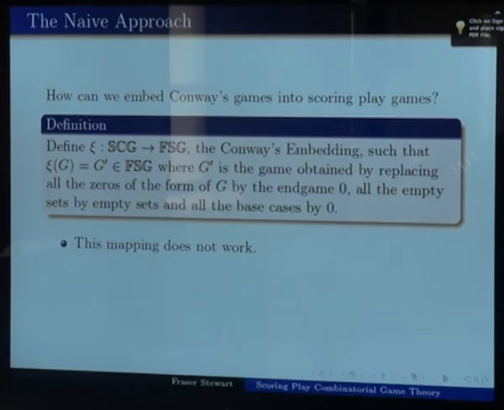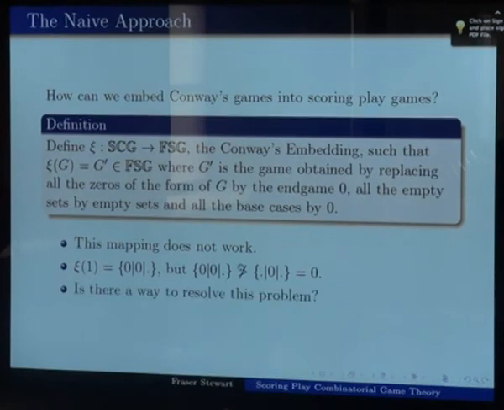And the reason is the following. The Conway game which we call 1 would map to this game, 0/0/empty set. But under scoring games, this is not true. For normal play games, 1 is greater than 0, so 1 is better than 0. But for scoring games, that's not true. So this mapping doesn't really work.